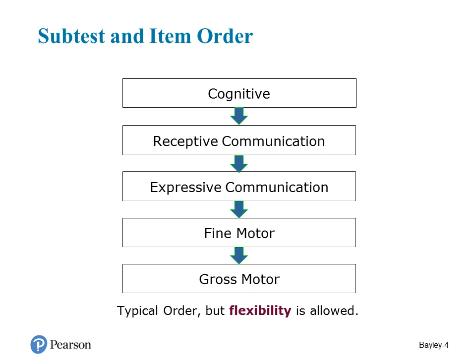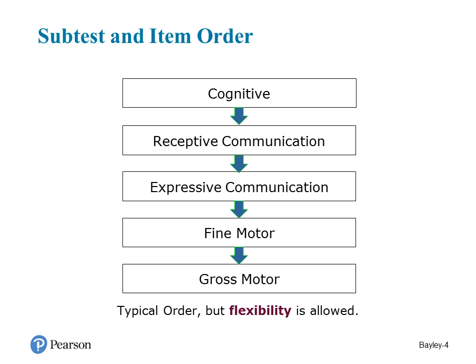Some other minor changes to which I'd like to draw your attention is in terms of the order in which you present these subtests. The subtests are presented in this order in the record form: cognitive, receptive and expressive communication, fine motor, and gross motor. But it's important for us to recognize that there is flexibility in terms of the order in which you present the subtests.